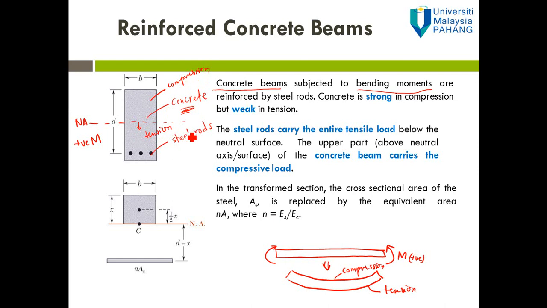Since the concrete is weak in tension, we assume that all the tensile load or tensile stress will be carried by the steel rod. So we can transform the first figure into this one, where we remove all the parts of the concrete beam which are in tension.